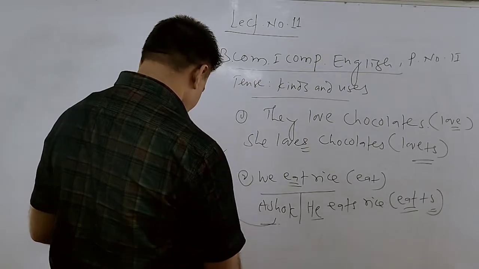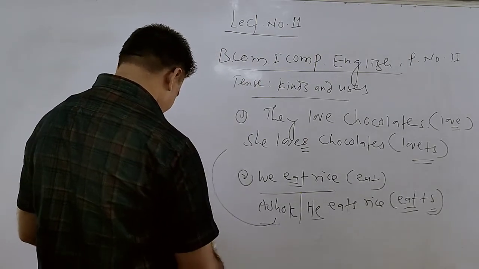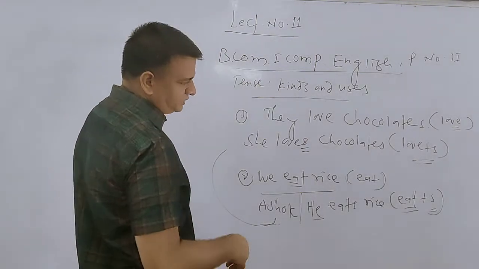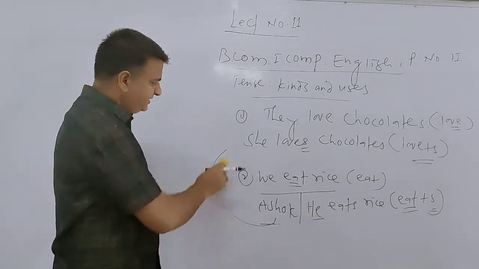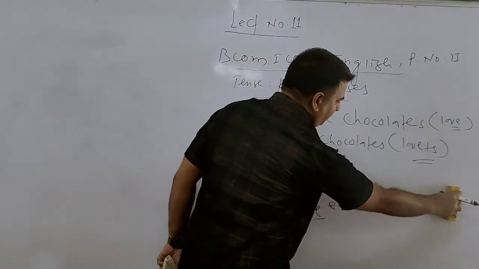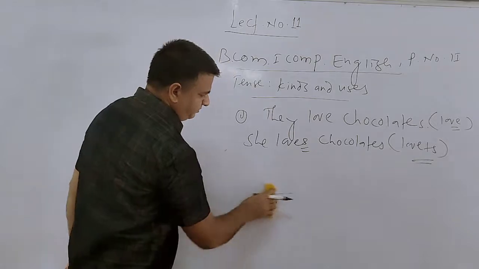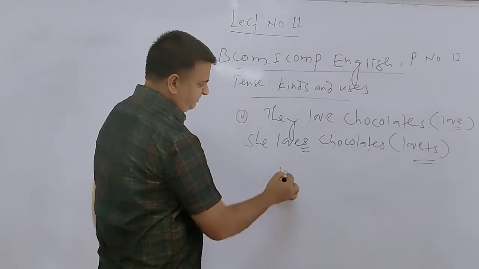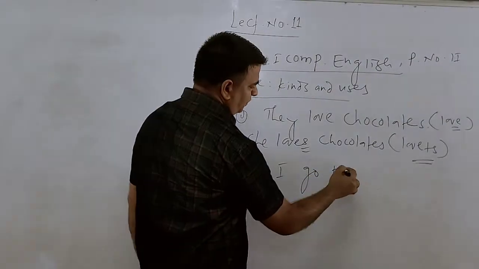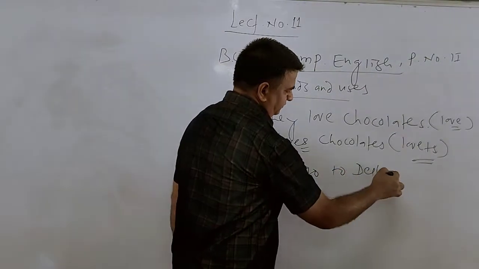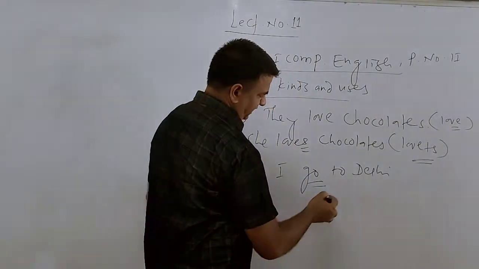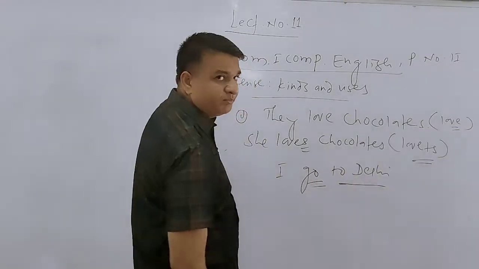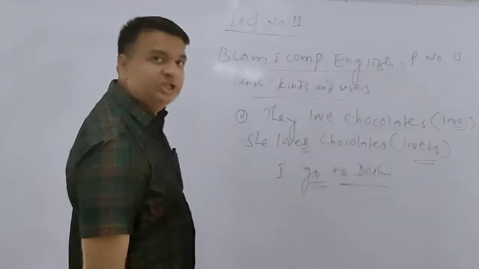Again, we have some examples like this, which we can also use in the sentences while forming simple present sentences. I simply say, I go to Delhi. This is go, and this is the preposition. I go to Delhi.